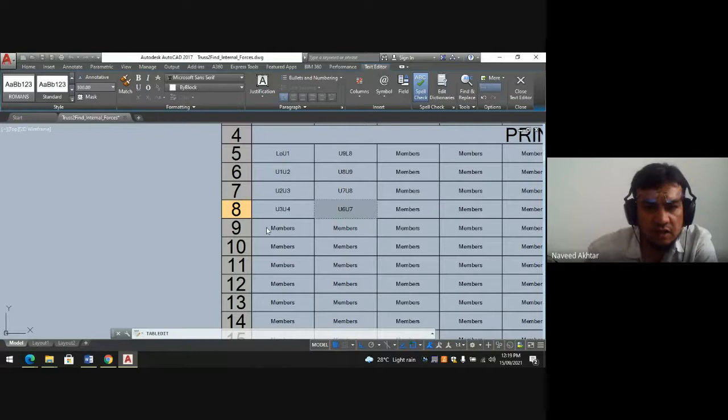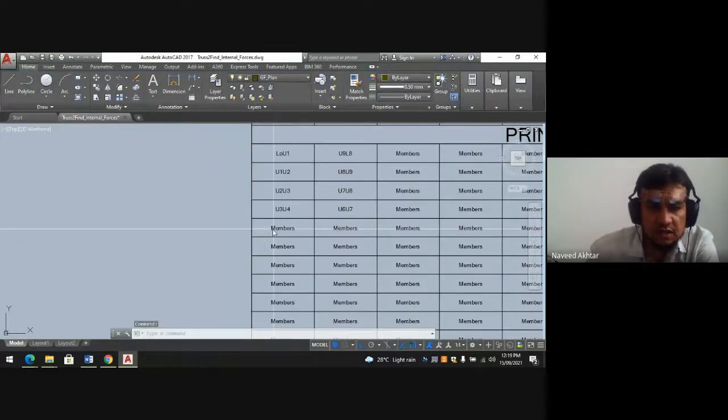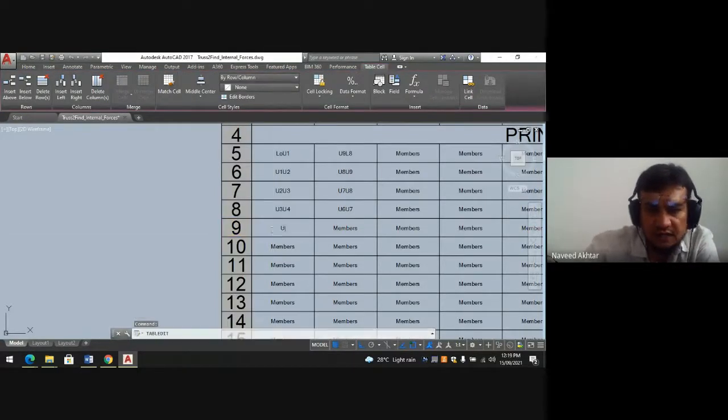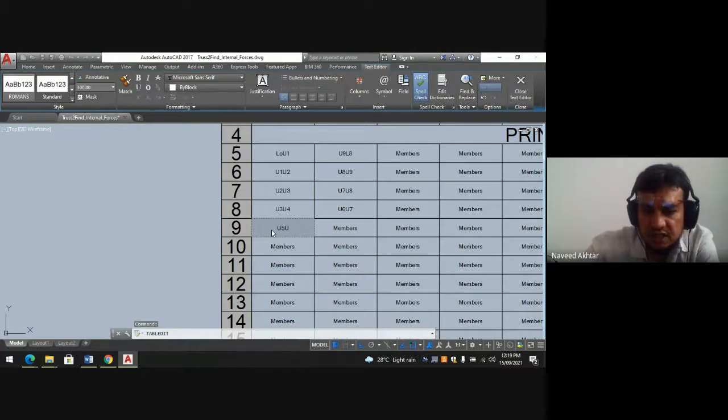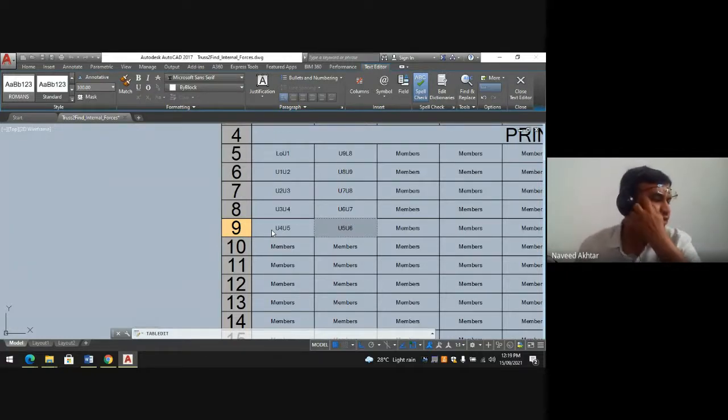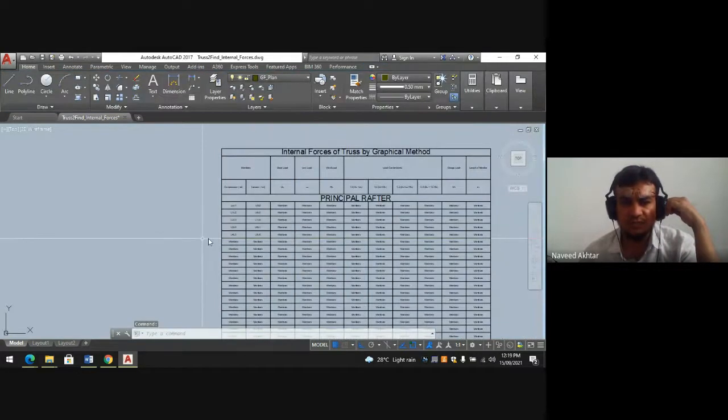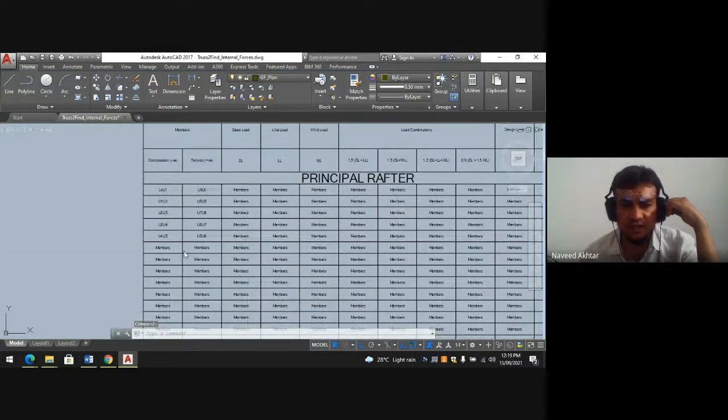Similarly, U4 U5 is same as U5 U6. This is the member. This is the principal rafter.